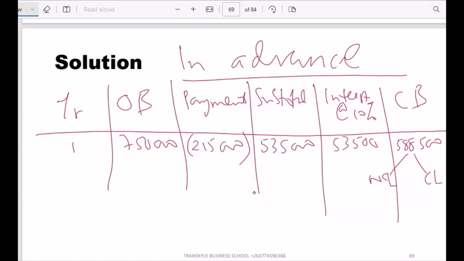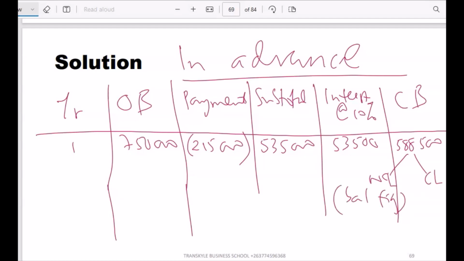What we know in the advance situation is that we need to make payments at the start of the year. So the next future payment becomes the current liability, and the non-current liability becomes the balancing figure.